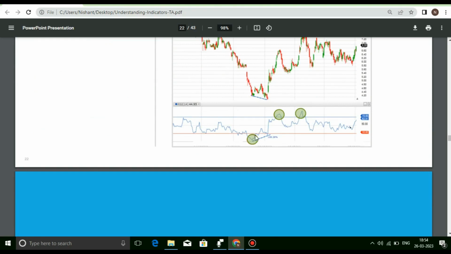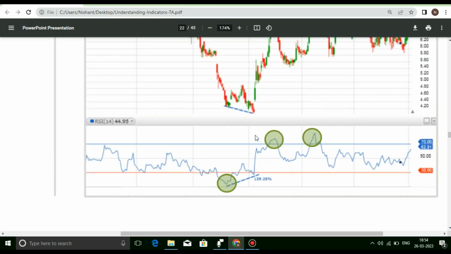Here we have it in the PDF also. Below 30, the RSI is oversold, the market is oversold, and above 70, the RSI is considered overbought. And in this RSI also, the divergence can be seen. Look here in this PDF, the price movements are going downwards, but the RSI suggests the price movements would go upwards.